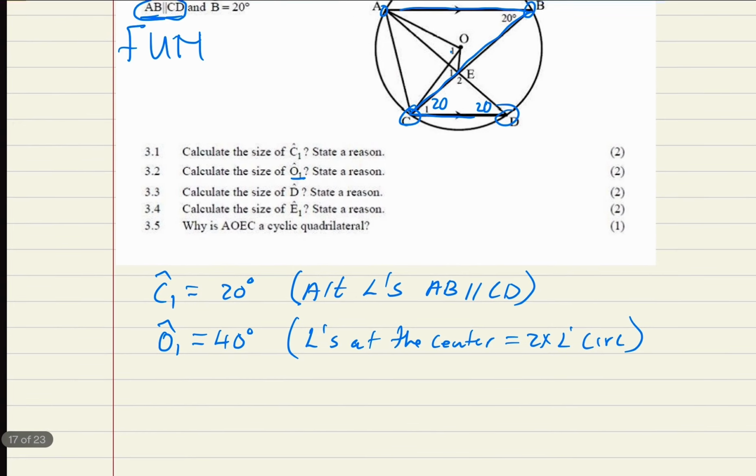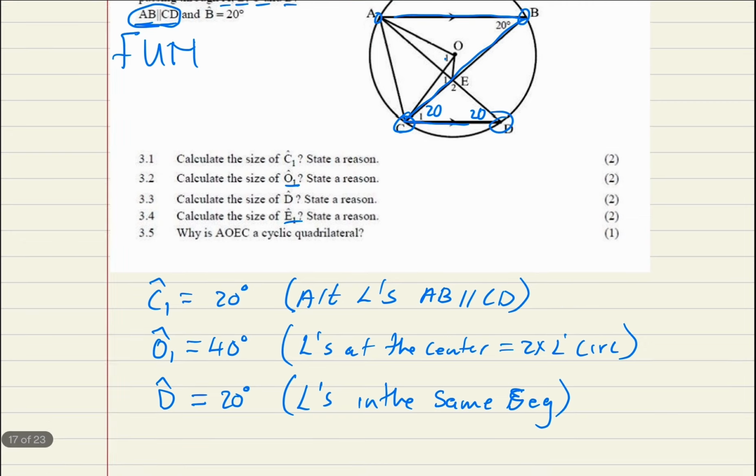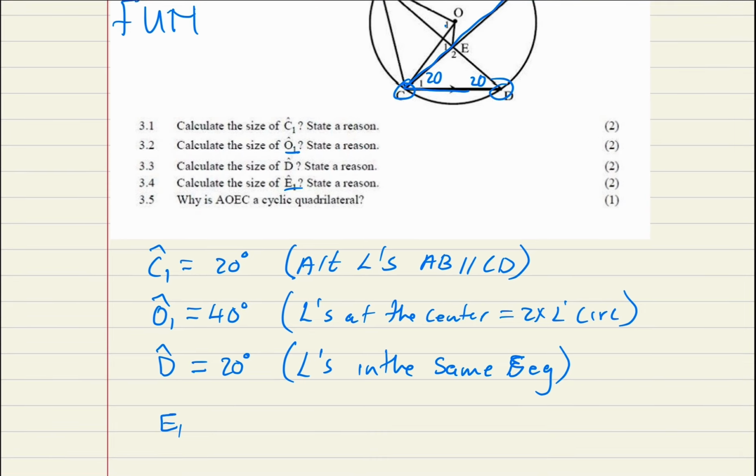Okay, they continue and look for D. We now know that angle D is equal to 20 degrees, angles in the same segment. Okay, they are looking for E1. It's an exterior angle. So E1 is equal to 40 degrees, and exterior angles of a triangle.